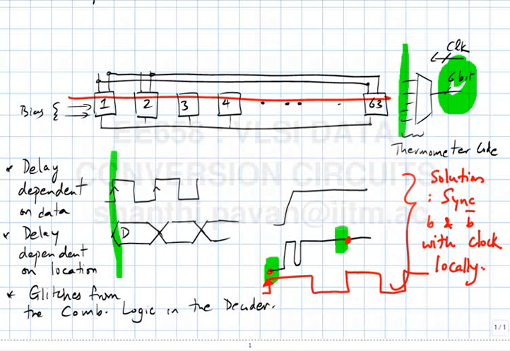Not only that, even if the resolution of the DAC increases, you can expect that the cells will become bigger. One argument you can take is that I will send the clock from the middle and then split it. I don't send it from left to right. I will bring the clock in the center and split it into two branches, one going left, one going right. So now the delay is reduced by a factor of 2.